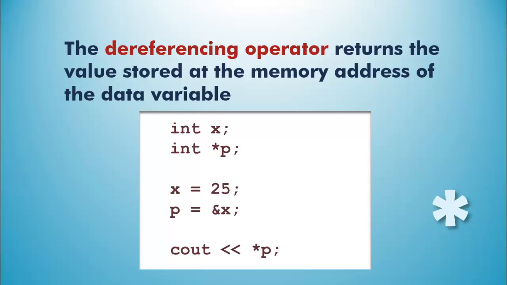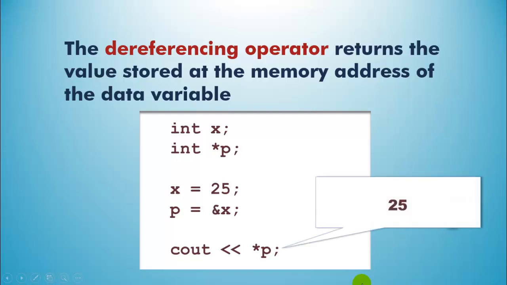So it's passing that value back to my pointer. So when I perform my cout operation, what I'm going to get is 25, because it's giving me the value of that variable.